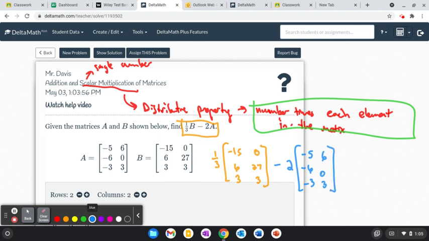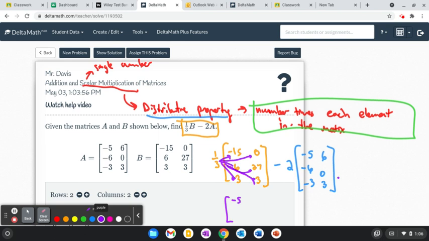All right, so the reason I said think about the distributive property is essentially what happens with the scalar multiplication is you have to distribute this 1/3 into all of the elements. We're going to multiply all of these elements by 1/3. So we're going to have 1/3 times -15. It's really the same thing as just dividing by 3.